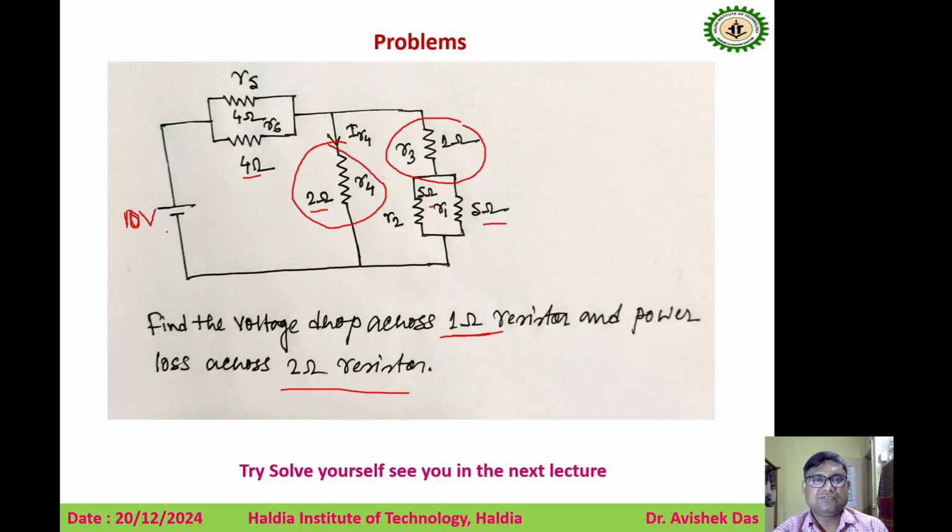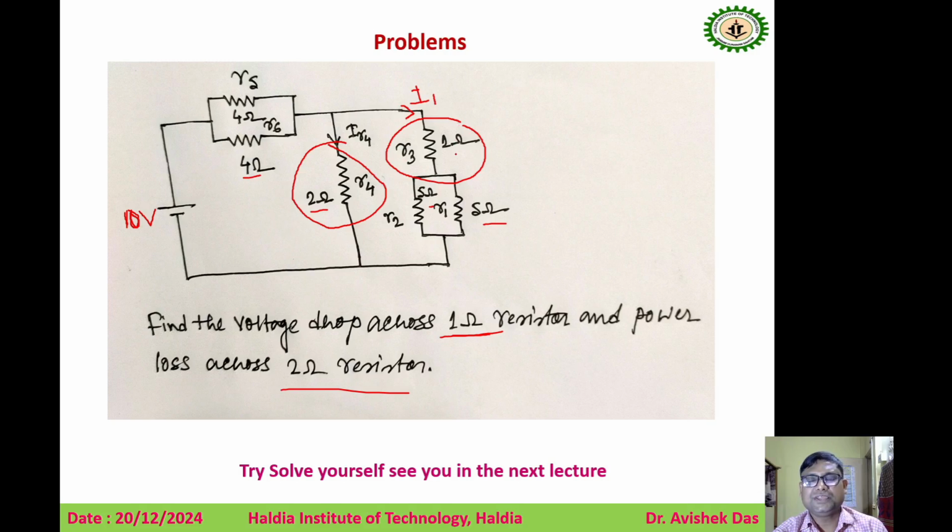Since the 10 volt voltage source is given, you have to find the current flowing through this branch. If this one is I1 and you know the current through this branch, you can find the voltage drop across the 1 ohm resistor.